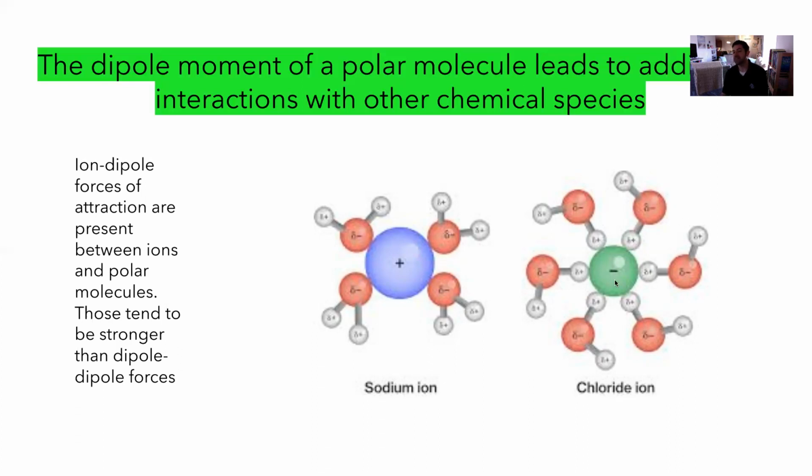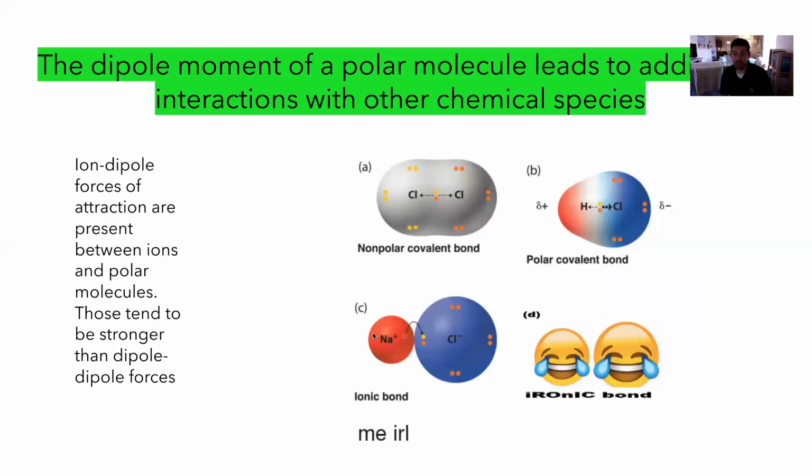And the negative ions get surrounded by the hydrogen side of the water molecules because the hydrogens are slightly positive. So we have seen ion-dipole forces of attraction several times, and this is a really strong attraction. It's strong because the ion itself has a greater Coulombic magnitude than the partial charge from a polar covalent bond.